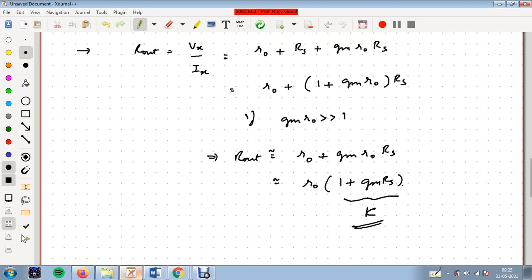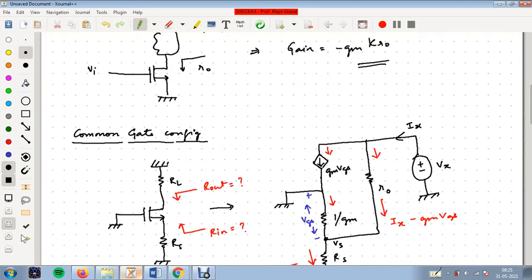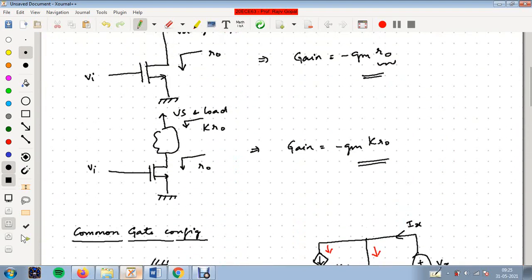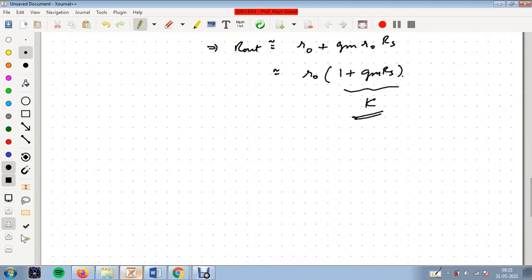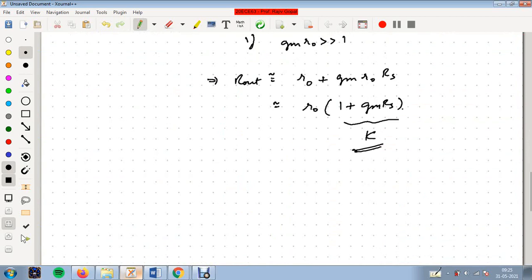If I use some configuration here, and it is providing K times R0, then obviously my gain will be minus Gm into K times R0. So here I have this 1 plus Gm into Rs, which is acting as that K term.